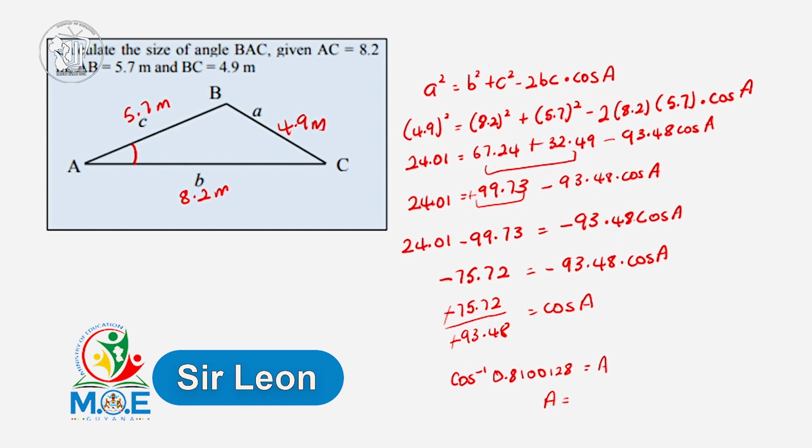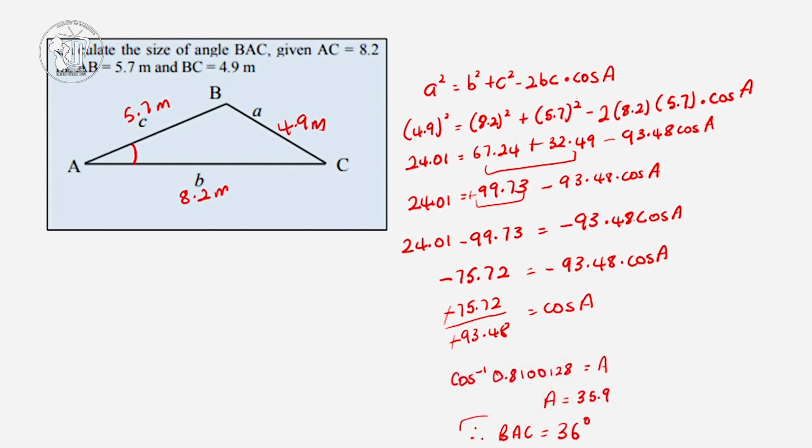We will have an angle of 35.9. So let's round it off to the nearest degree. So we can say therefore BAC is equal to 36 degrees. That is how you work out these kind of questions.